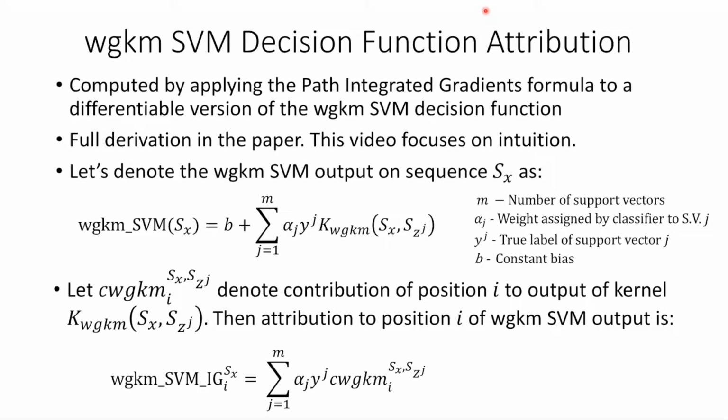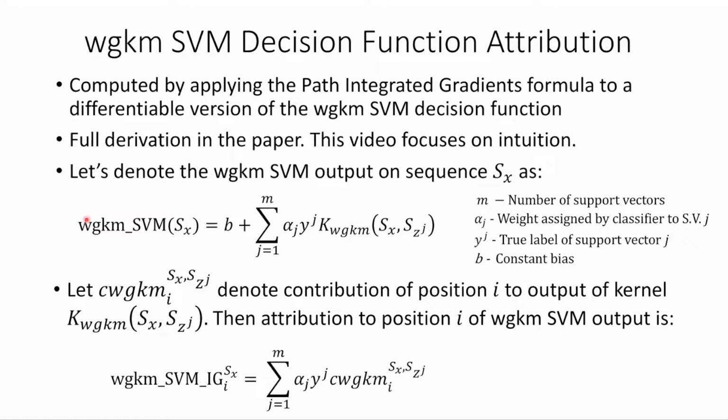What we have done is essentially applied the integrated gradients formula explained in the previous video to a differentiable version of the WGKM decision function. The full derivation of the resulting formula is in the paper, and here we focus on the intuition and explanation of the results.